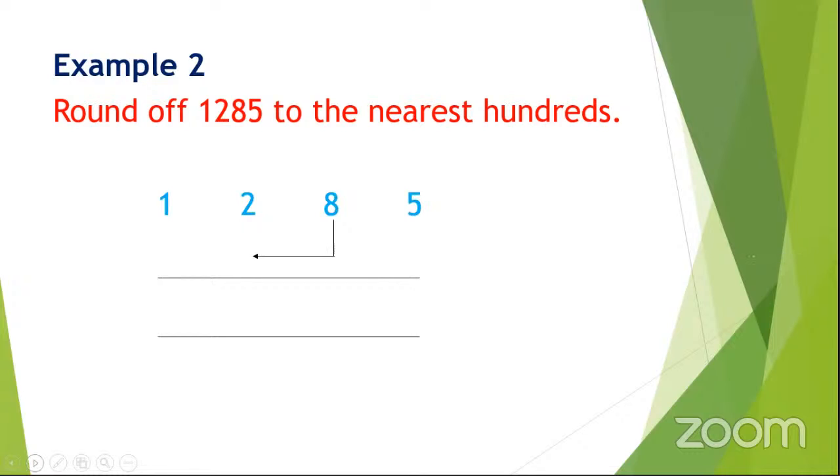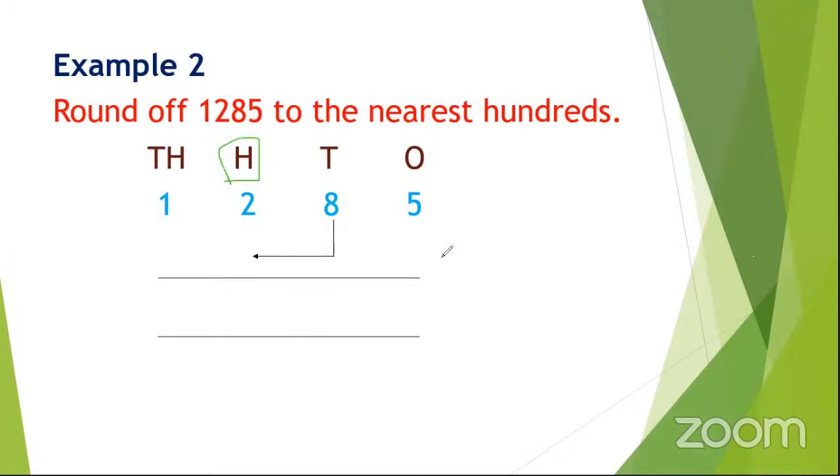Secondly, identify the place values of each digit. After identifying their place values, you identify the required place value, and in this case the required place value is 100, so that's what they are asking for.